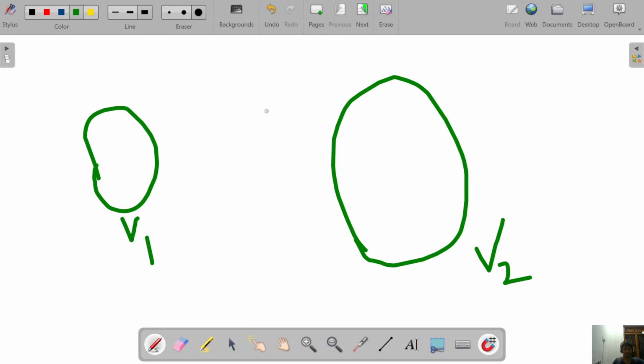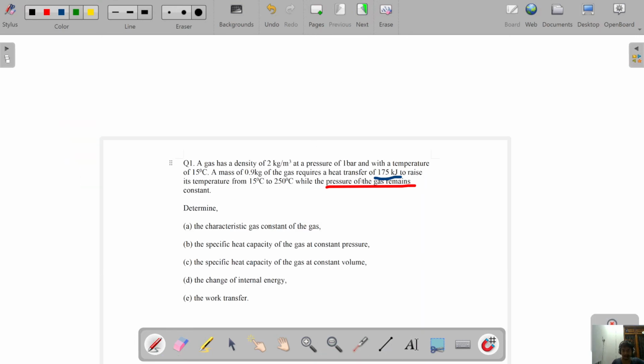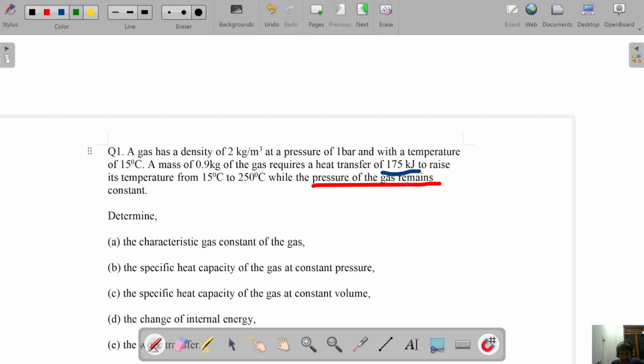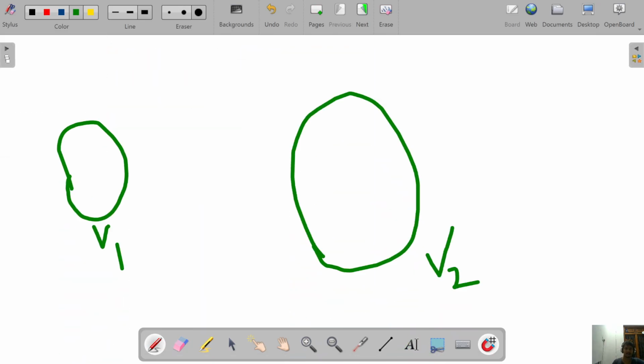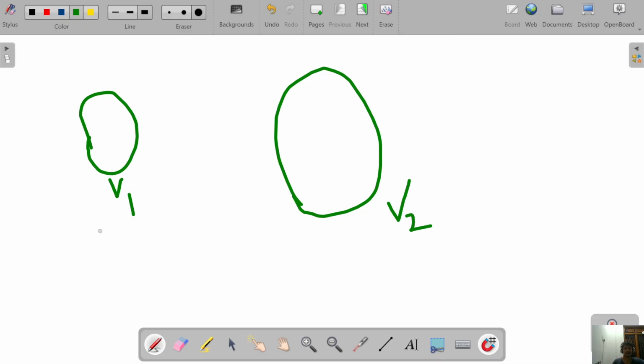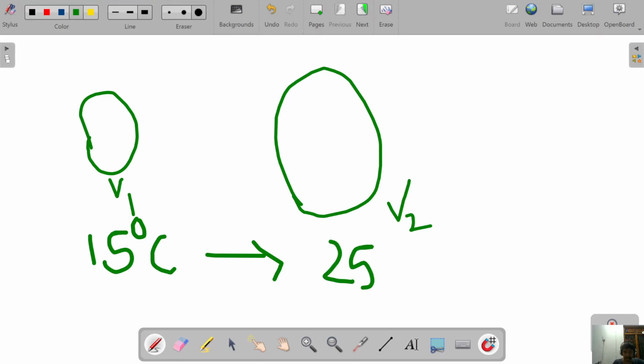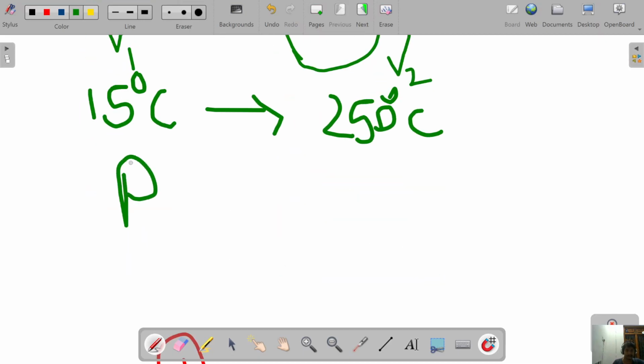If you read the question, it mentions that the pressure of the gas remains constant, while the temperature moves from 15 degrees Celsius to 250 degrees Celsius.